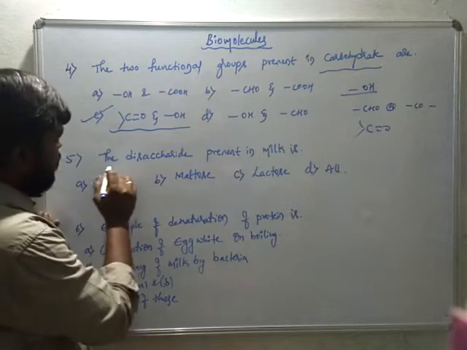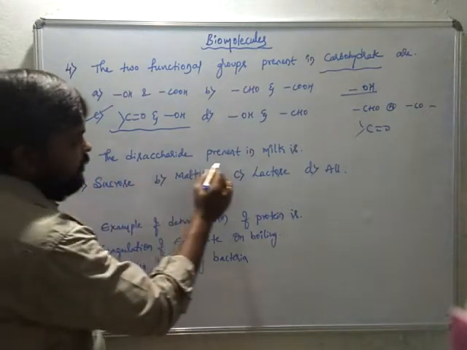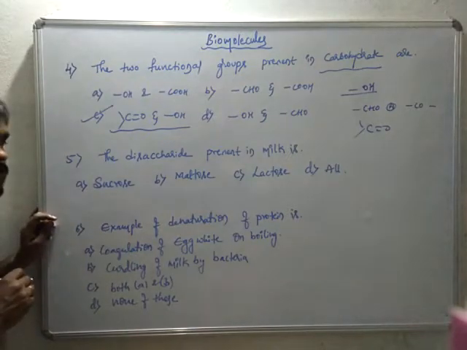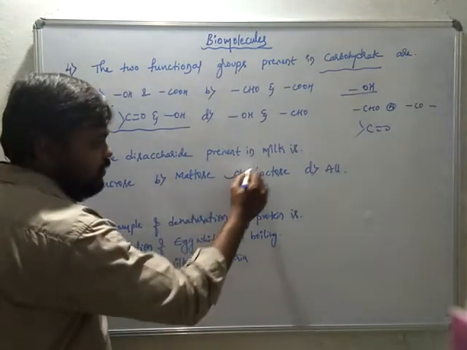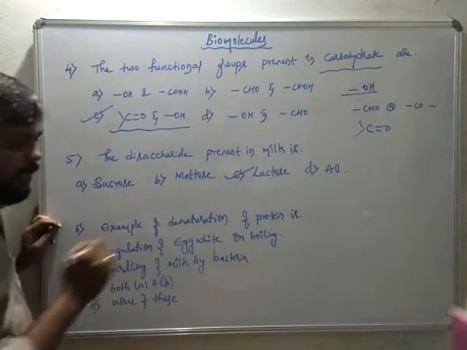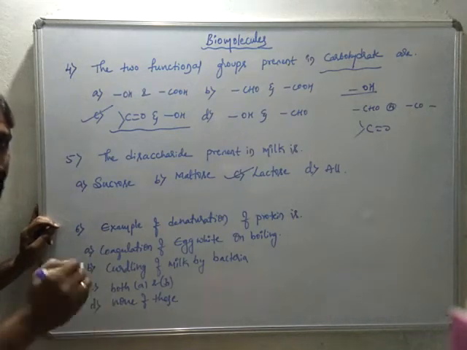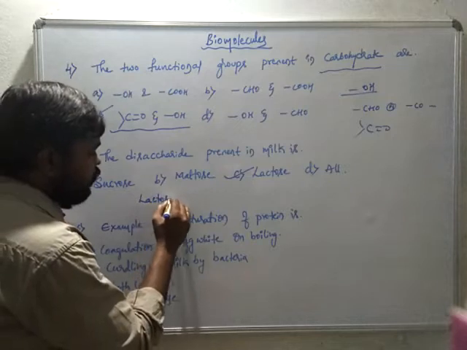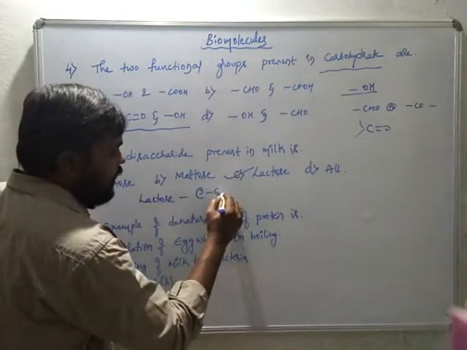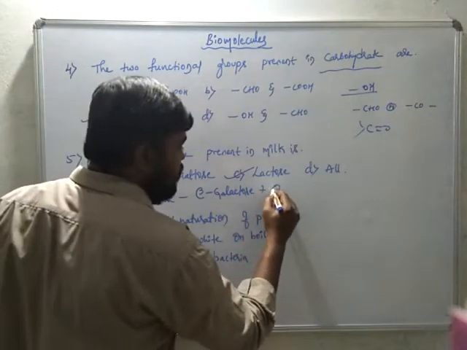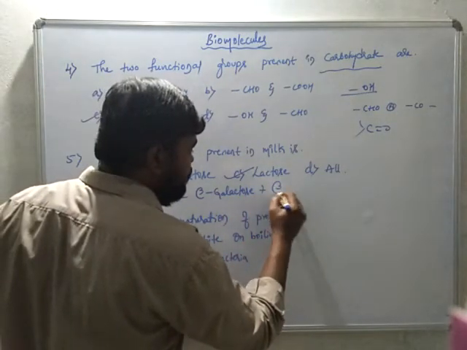In the next question, which disaccharide is present in milk? That is lactose. Lactose is made up of two monosaccharide units, beta galactose plus beta D glucose.